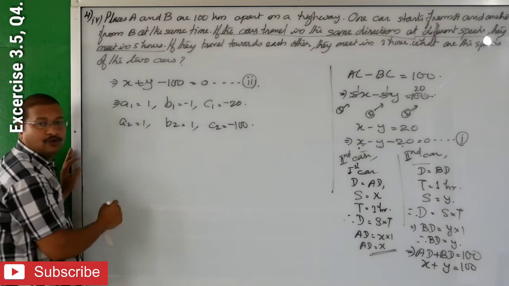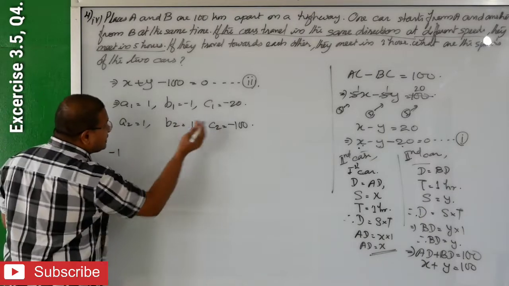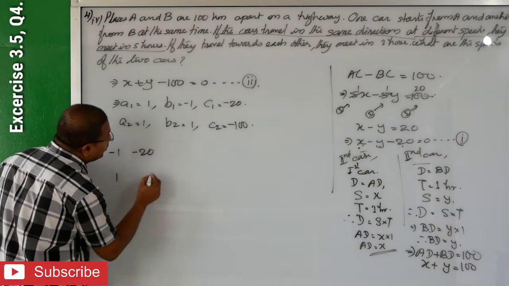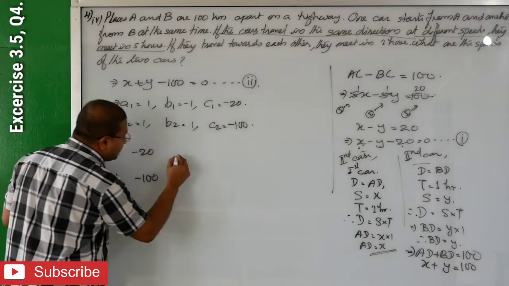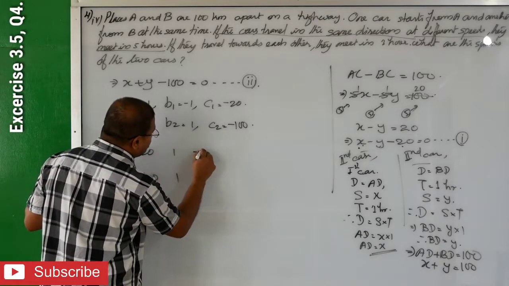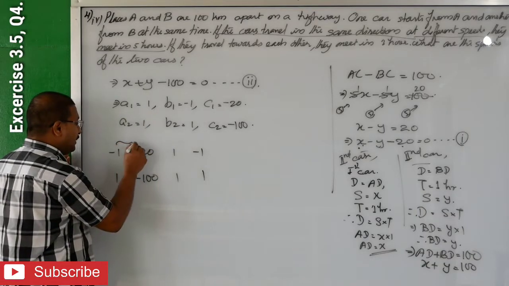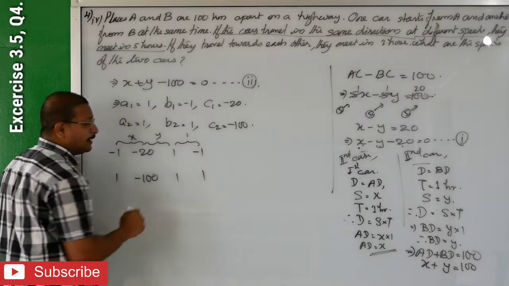That means B1, B2, that is minus 1, 1. After that C1, C2, that is minus 20, minus 100. After that A1, A2, that is 1, 1. Then we write one more time B1, B2, that is minus 1, 1. Here will be x, this will be y, and this will be 1.